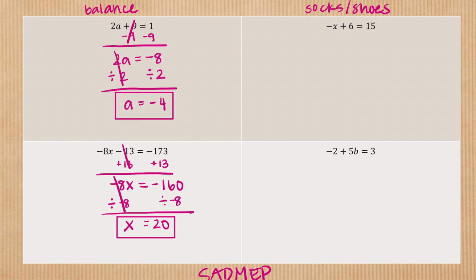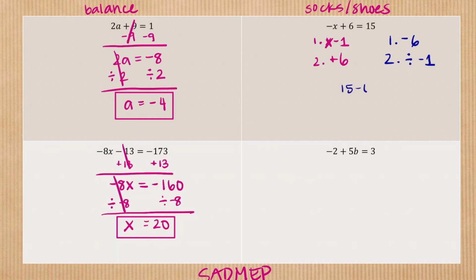Let's try it. So on this one, I have socks and shoes, so multiply by -1, and then I'm going to add 6. So in reverse, with the 15, I'm going to subtract 6, and then divide by -1.